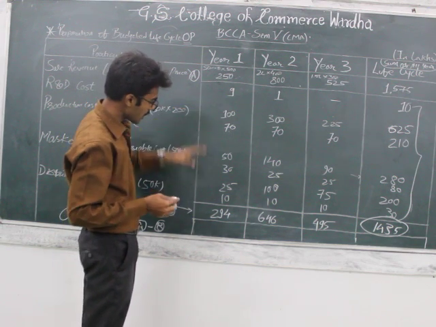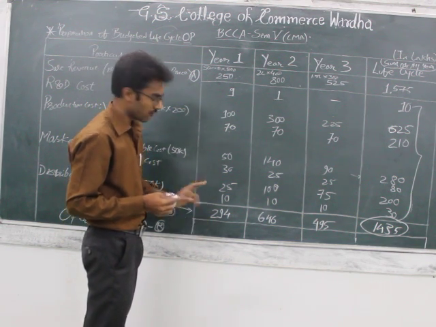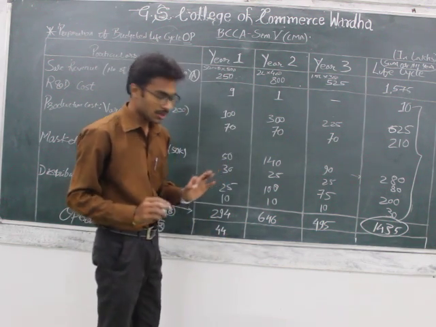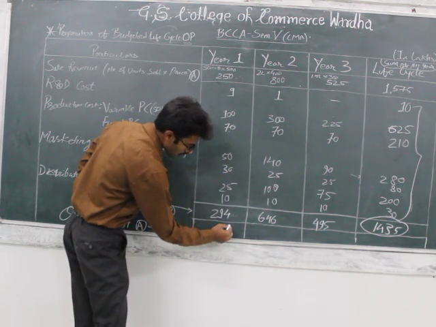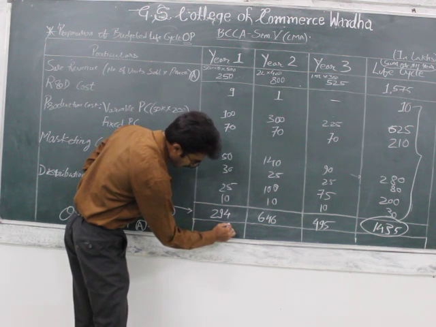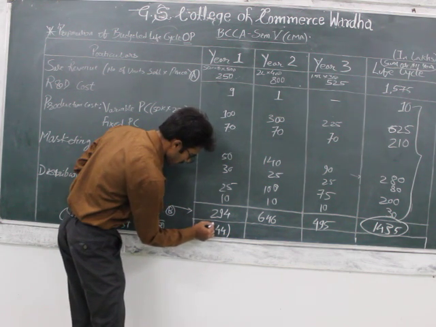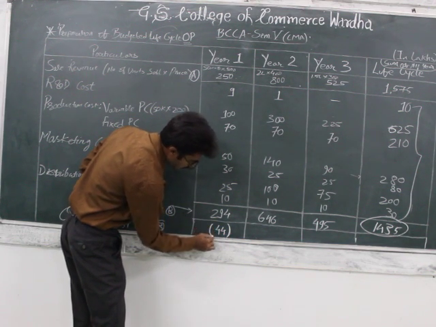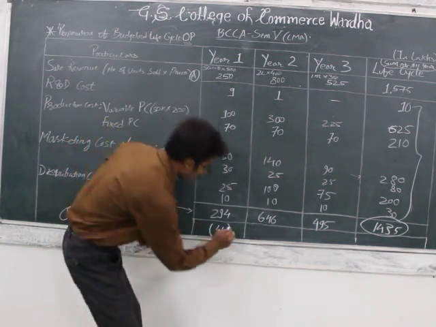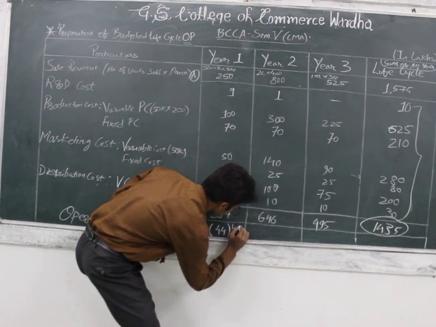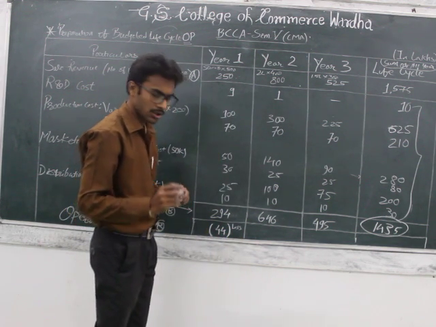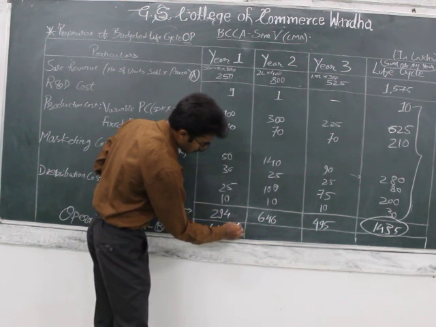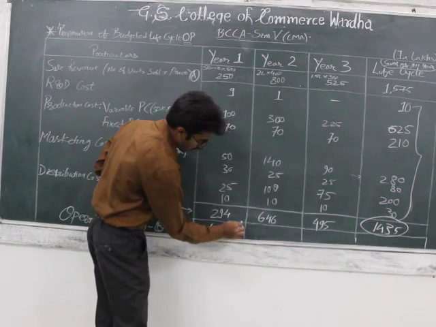So 250 minus 294 will be 44, and this is a loss. Because it is a negative amount, we put it in brackets. I am writing here that this is a loss only to indicate it; you cannot write this in your formal answers.